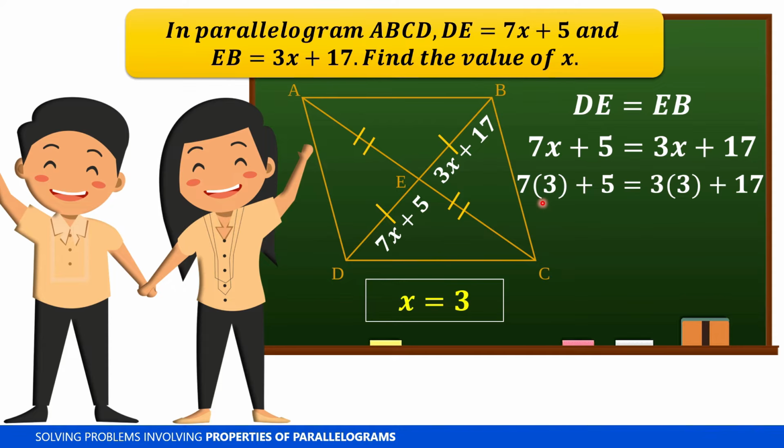So 7 times 3 is equal to 21, plus 5 is equal to 26. And here we have 3 times 3, 9, plus 17, that is equal to 26 also. So DE is equal to 26, and EB is equal to 26 also, which is correct.